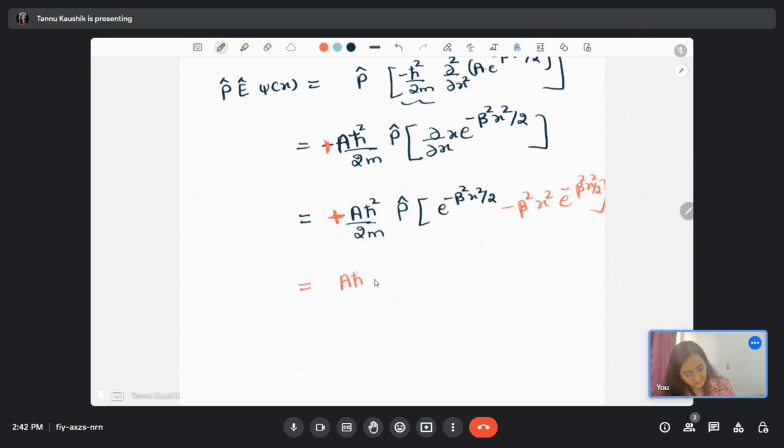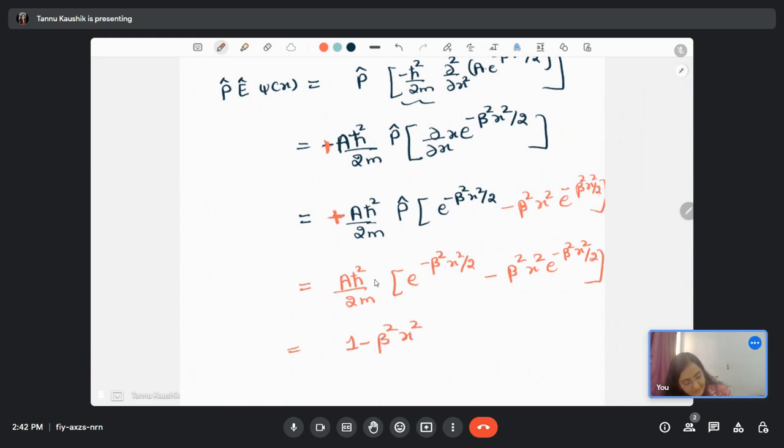x square e raised to minus beta square x square by 2. This is what we will get. So a h-bar square by 2m, and we operate this parity operator on this now. So we will get this e raised to minus beta square x square by 2 as it is, because square of minus x will become x square.